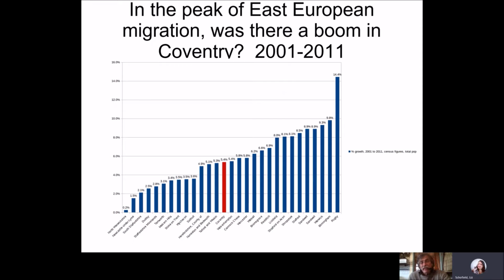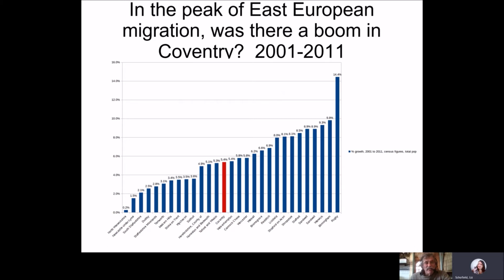So the first thing to look at is to say, well, what happened in the recent past when we have pretty good records between the last 2 censuses, between 2001 and 2011, over a decade, which was the time when there was a big rush of Polish and Lithuanian immigrants into the UK. So you might think, well, it's an immigrant phenomenon.